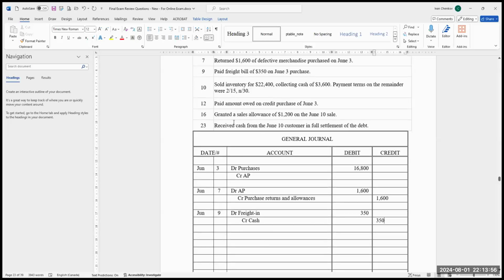The next journal entry is that now we're selling the inventory and collecting cash. For the remaining, we actually provide the terms of 2% within 15 days and no discount within 30 days. And that happened on June 10.